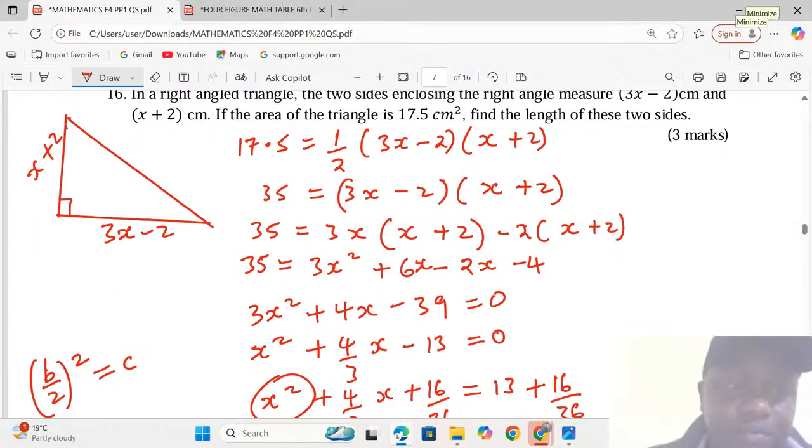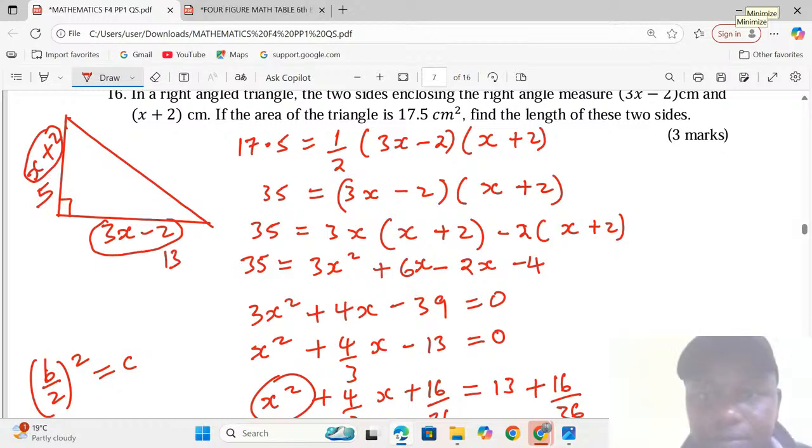When we use 3, you discover that this side becomes 5. And this side becomes 15 minus 2, which is 13. So now, find the lengths of these two sides.